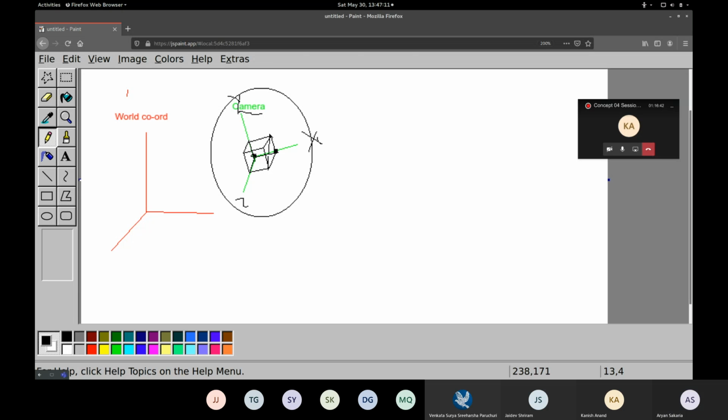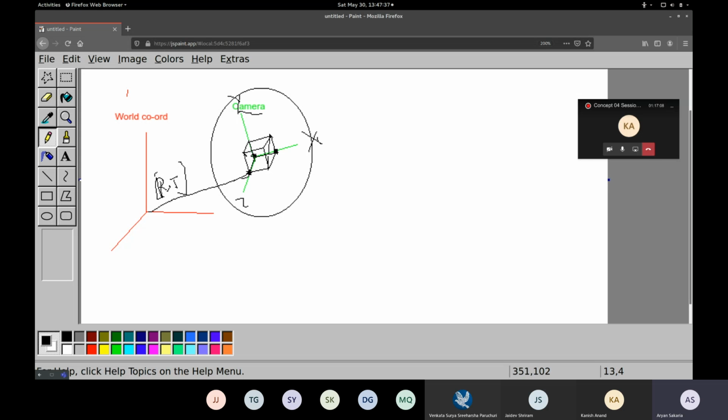But what we usually have is we don't have everything in the camera coordinate system. We have everything in the world coordinate system. So it could be some arbitrary thing like 128, 2, 3. And obviously we're not going to define it in terms of those. We're going to define it in terms of transformations. So how do we achieve this?